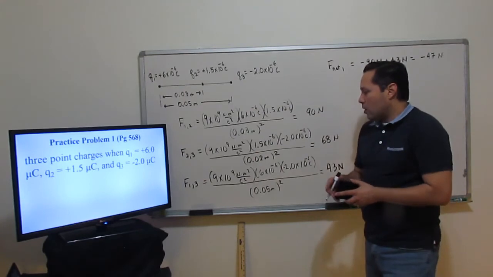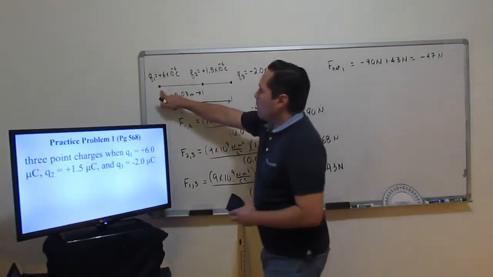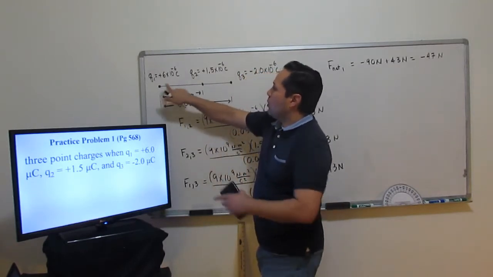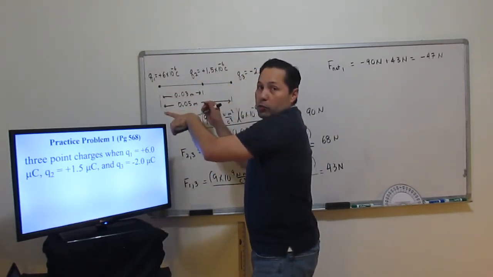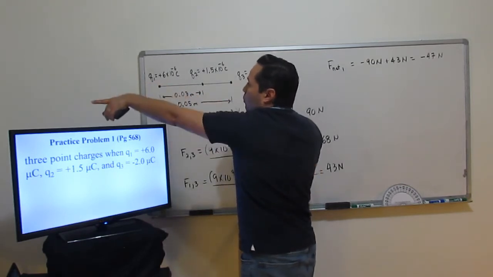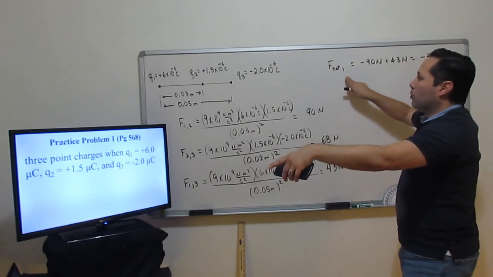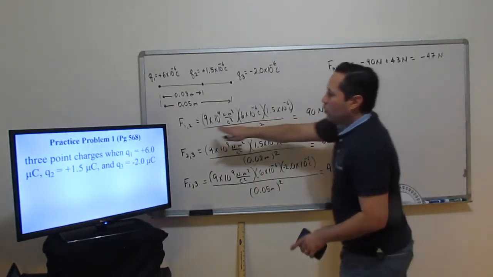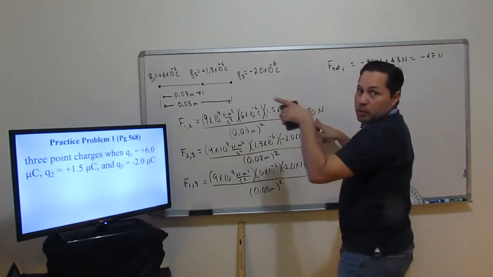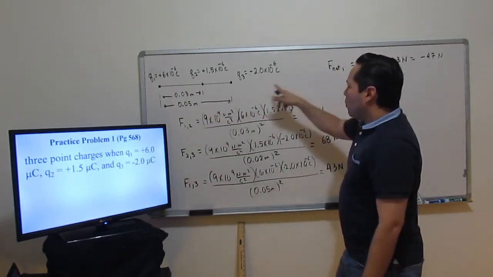Alright, so now for our very first one, we have a force between 1 and 2. Notice how they're both positive, so the force is repulsive. It's going to push Q1 to the left-hand side. So over here I put the net force for number 1 is going to be negative 90, the force between 1 and 2, and because it's being repelled that way I put negative. Now, what else is acting on it?